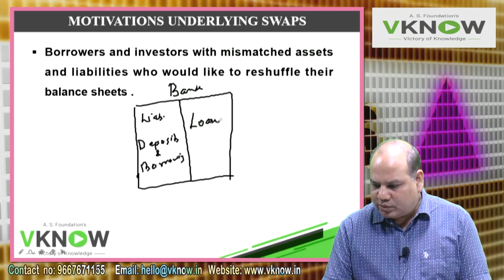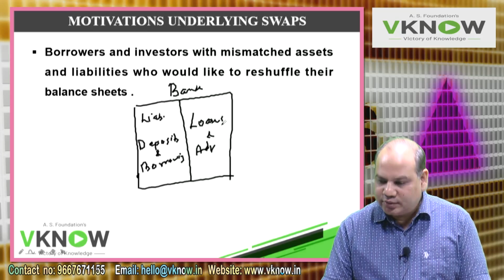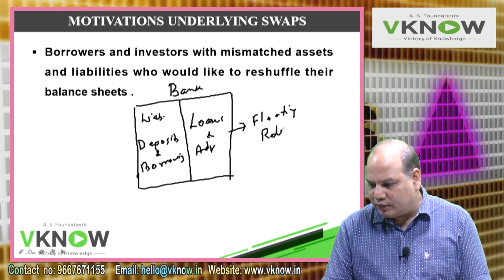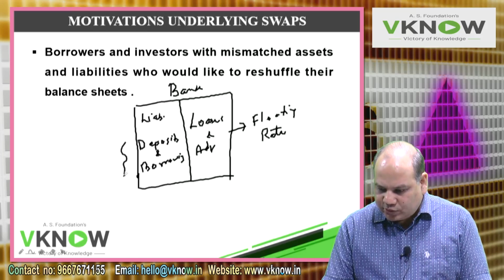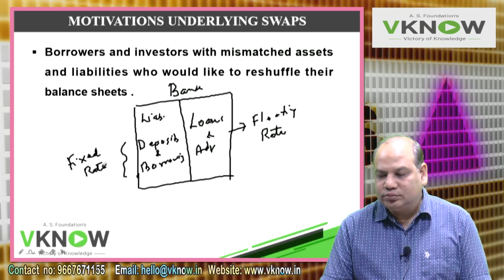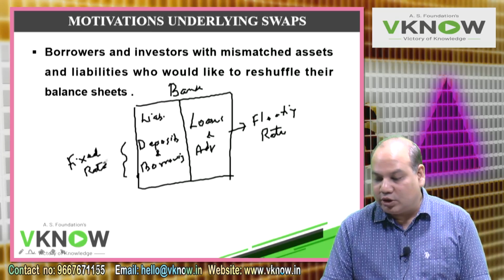Their maximum assets will be in loans and advances. So the risk can be that these loans and advances are at a floating rate. That means they will receive interest at a floating rate, but these deposits and borrowings are at a fixed rate. So here they are going to pay interest at a fixed rate. So the liability side has a fixed rate, the asset side has a floating rate.